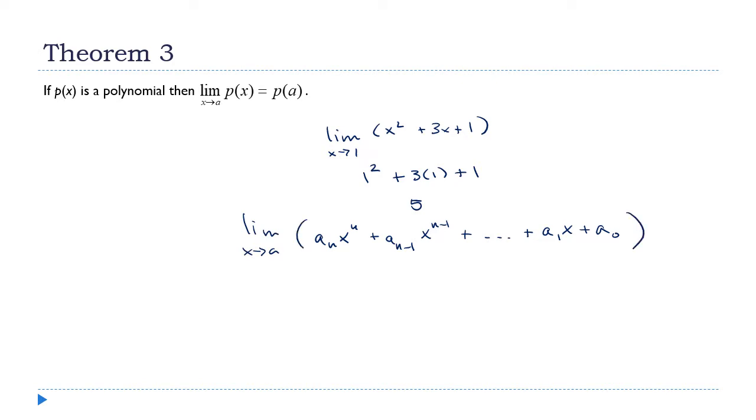All you do is you apply those properties. First, you split it up into the limit of the sum. Then you bring all the coefficients out in front. Then you bring all the exponents outside. Then you have a bunch of limit as x approaches a of x. All those become a's. I won't bore you by watching me walk through all of that.